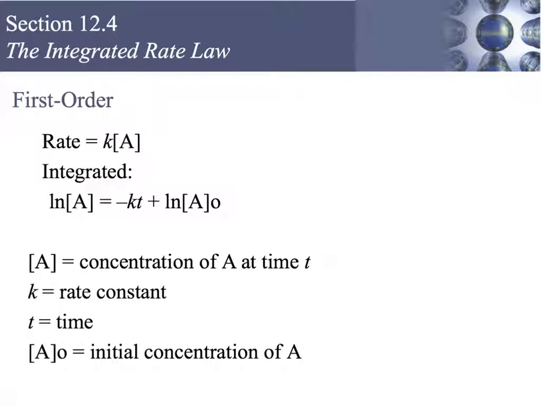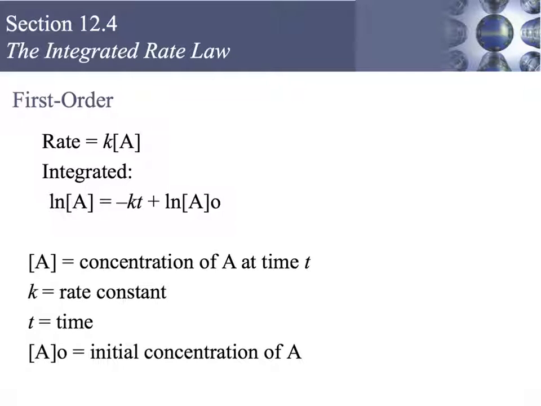Now we're going to take a look at a first order reaction, and the general representation for a first order reaction is this. So you have rate equals a constant times just a single component, and its concentration raised just to the first power. If we integrate this equation, then we end up with a form that looks like this.